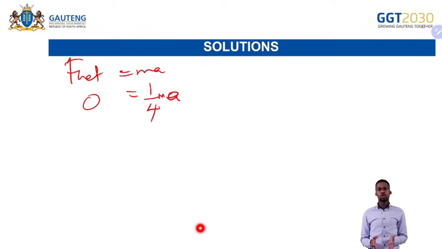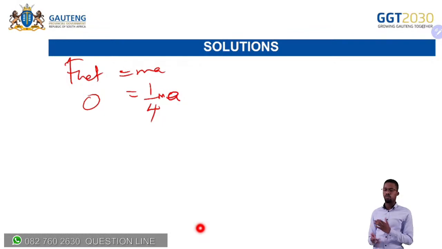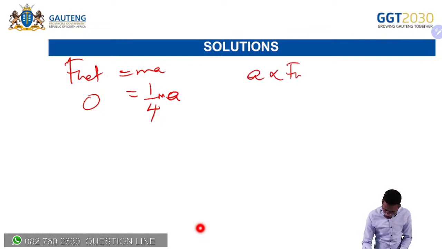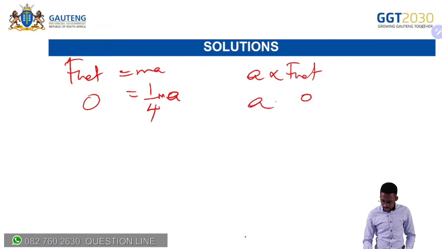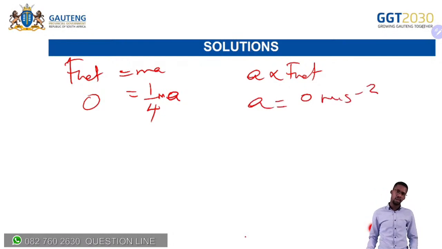In this instance, you apply Newton's second law, where acceleration is directly proportional to the net force. So if your net force is 0, it means your acceleration is equal to 0 meters per second squared. Why? Because acceleration is directly proportional to the net force, according to Newton's second law.